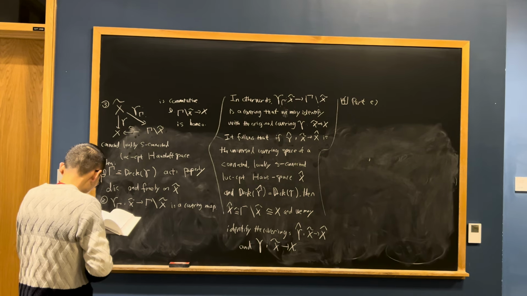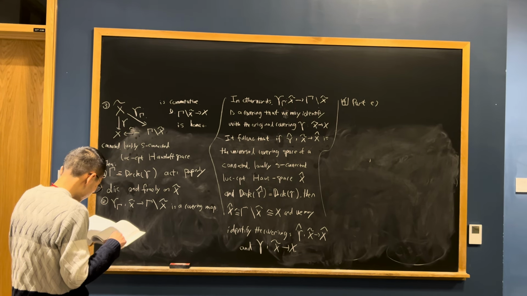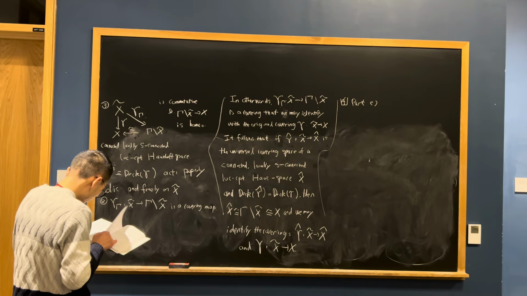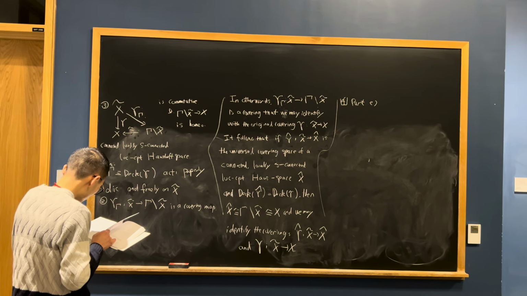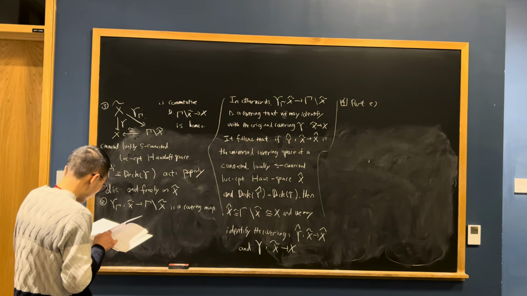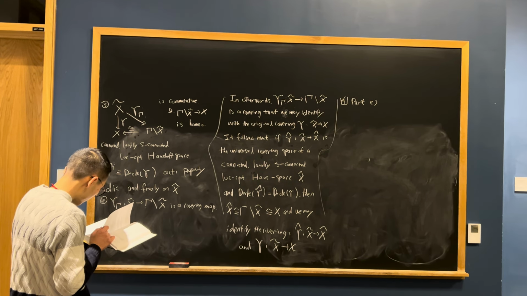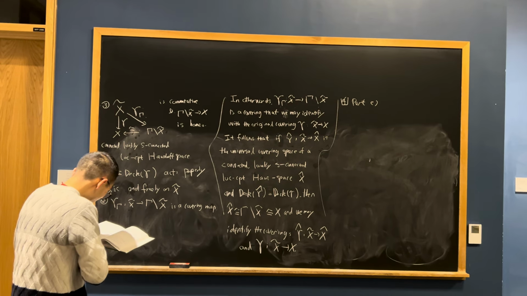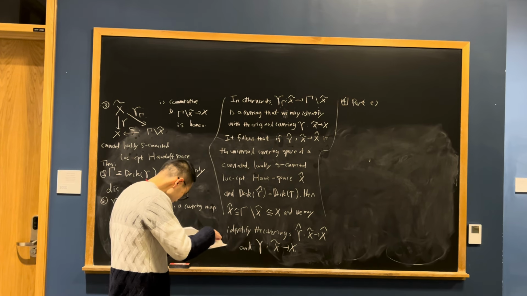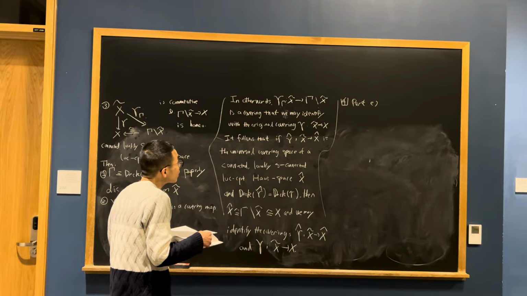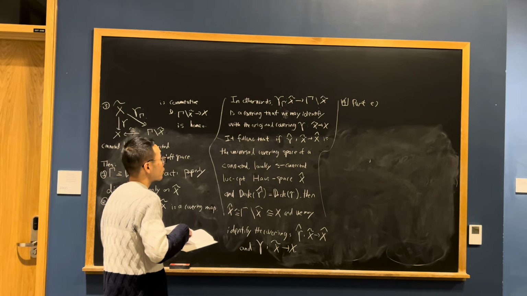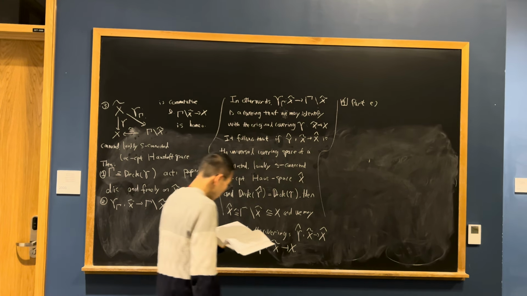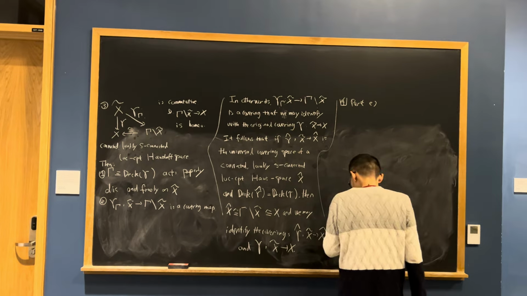Then that image is distinct from the original one. Of course, this U must be an evenly covered domain, open and connected. Okay, so this is part E of theorem 10.4.2.